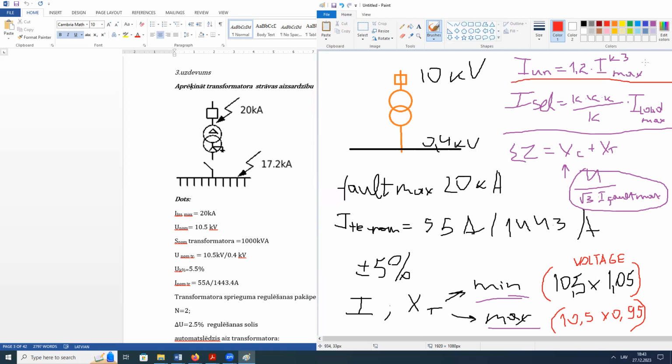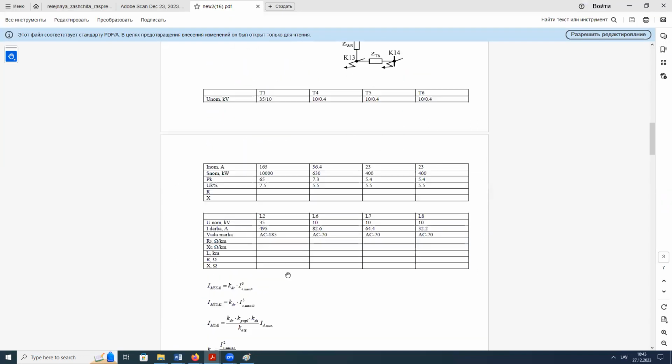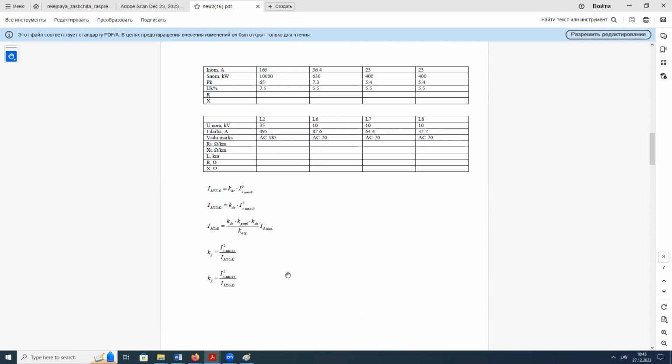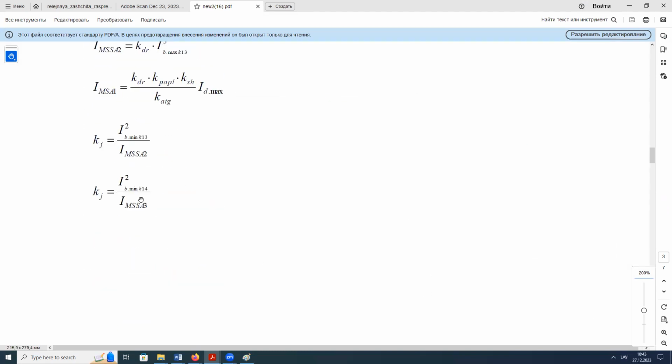When you are checking selectivity, the formula says minimum, so you need to use the minimum fault value.